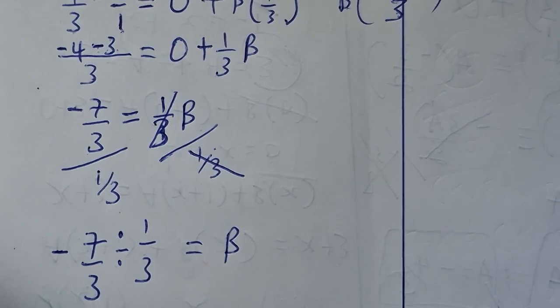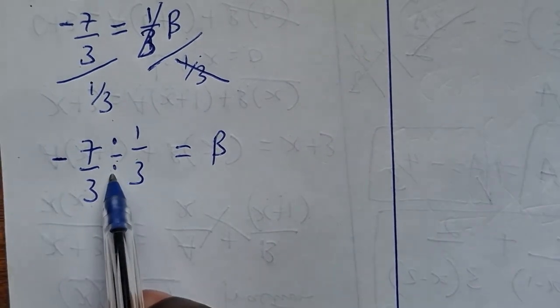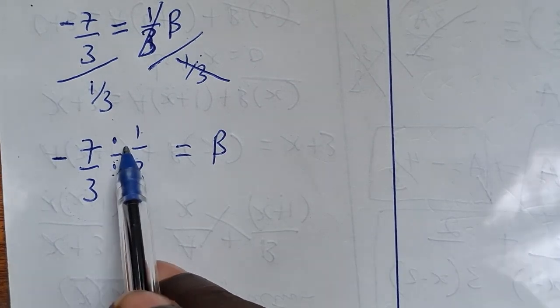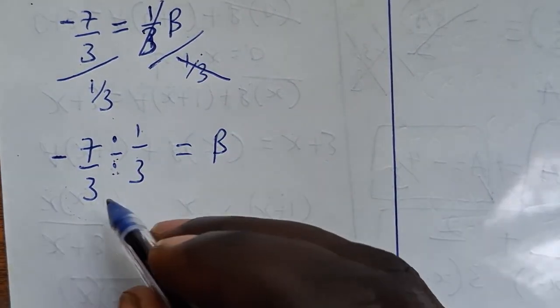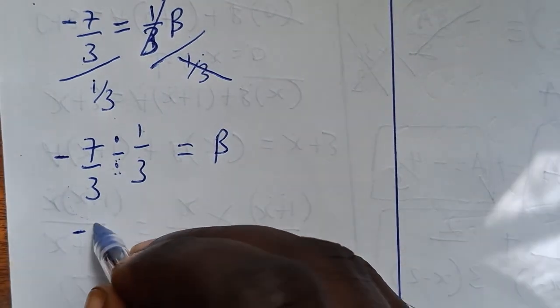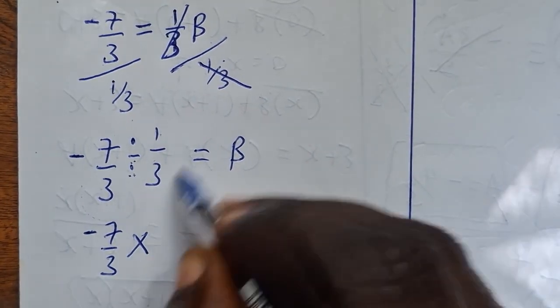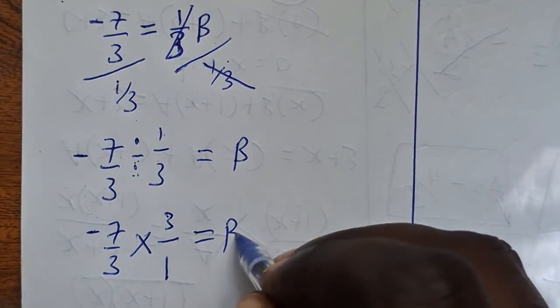But now we have this divide sign, which is here. Let me try to arrange this. We have this divide sign. See this divide sign, we can just change it to multiply and invert 1 over 3. So this will be minus 7 over 3 times, we invert. 3 comes up and 1 goes down, will be equal to b.